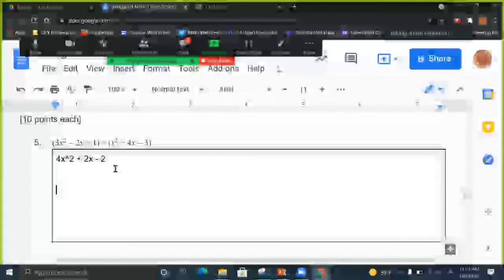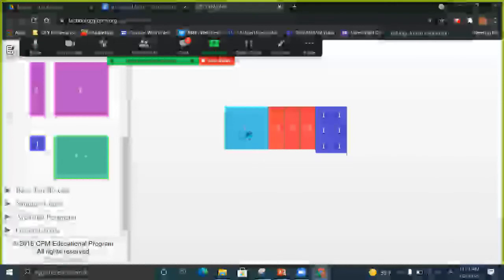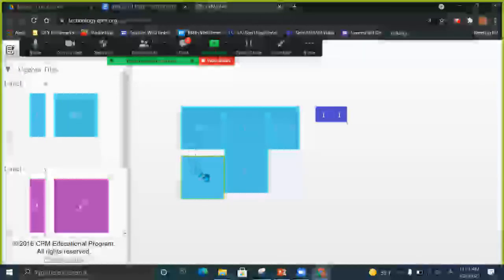I typed it, and you all have the option to do that. I'm going to also really quick do the tiles. So 4x squared plus 2x minus 2. Okay, so I need 4x squared, not just 1. I need 2x, and then I need minus 2.